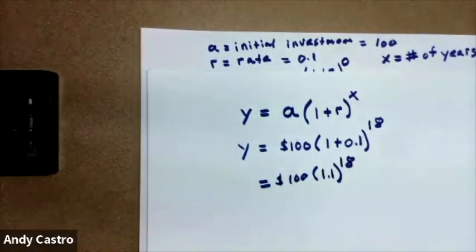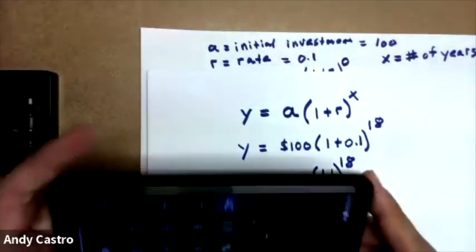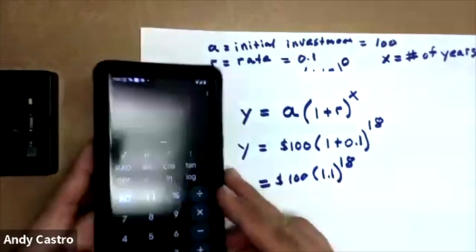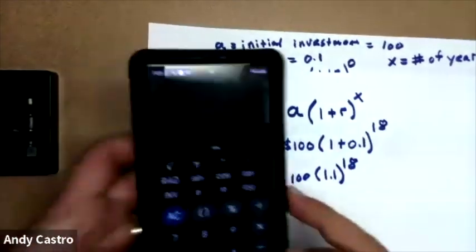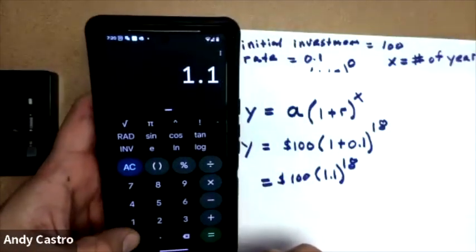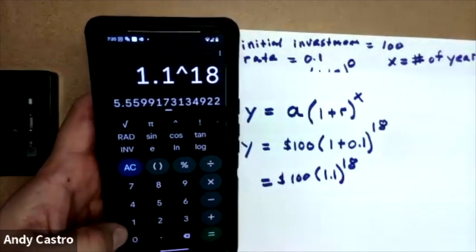Okay. So I'm going to use my calculator to do this. Give me just a second here. Oh, there we go. Okay. So we'll do 1.1 raised to the 18th power. Okay.